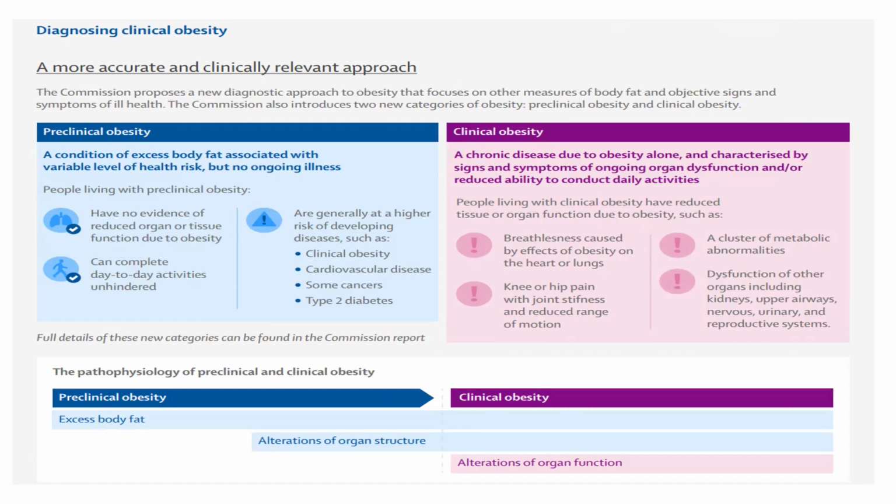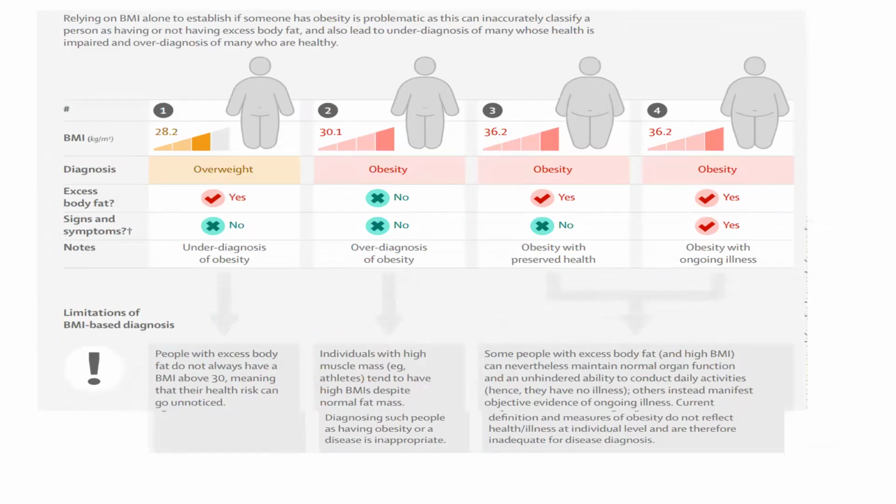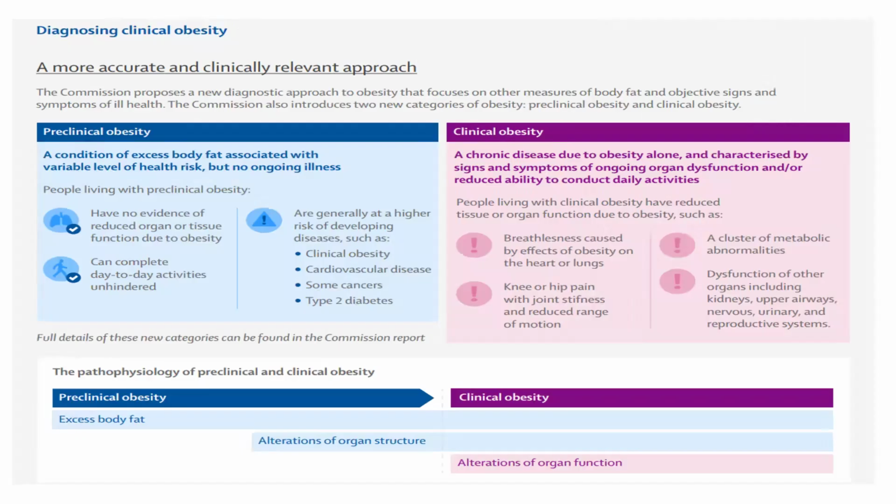This is a more accurate and clinically relevant approach, proposed recently in the 2025 update. Preclinical obesity is defined as a condition of excess body fat associated with a variable level of health risk, but the patient has no ongoing illness. So, basically, obesity with preserved health is now defined as preclinical obesity.